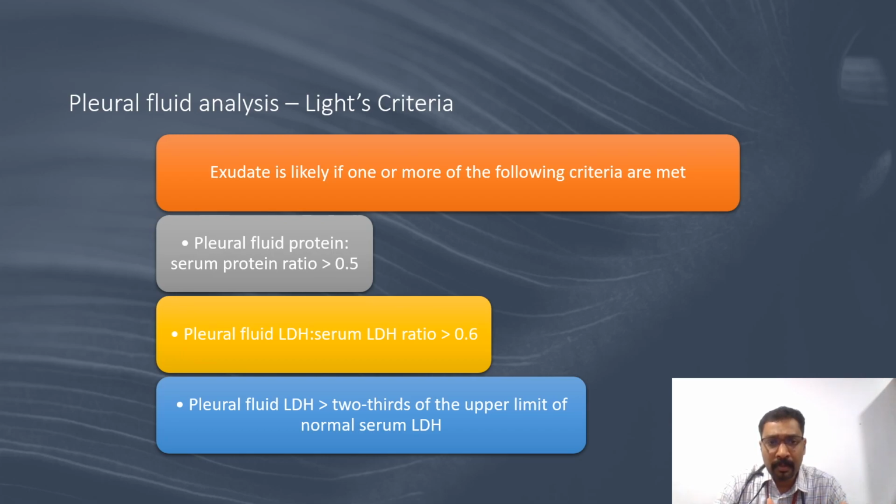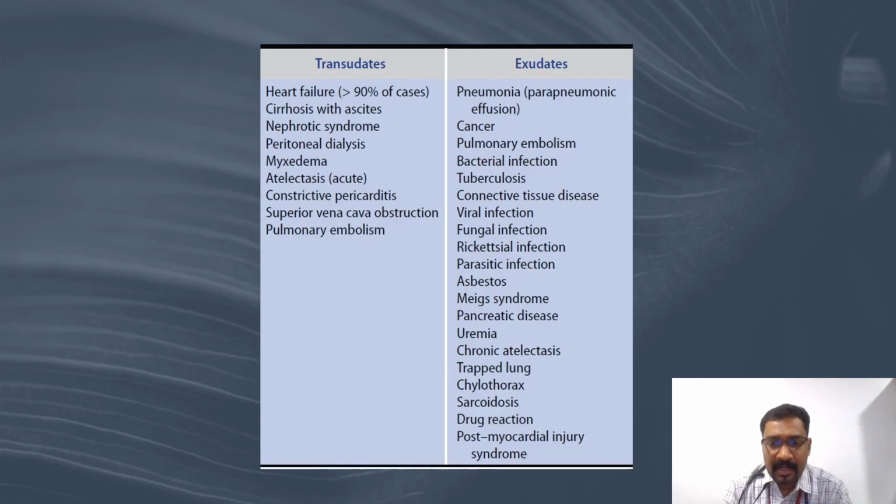If the pleural fluid protein to serum protein ratio is more than 0.5, or if the pleural fluid LDH to serum LDH ratio is more than 0.6, or if the pleural fluid LDH is more than 2/3 of the upper limit of the normal serum LDH. Now, only one criterion is required to confirm whether this is an exudative pleural effusion.